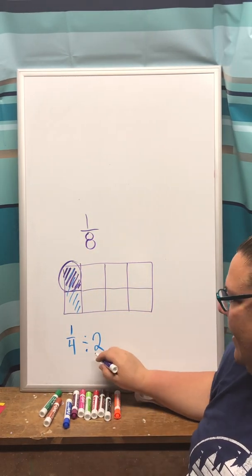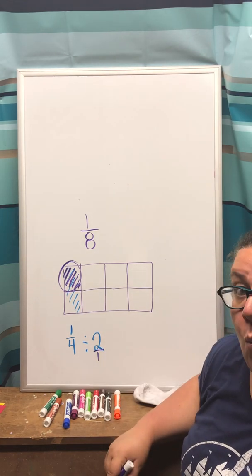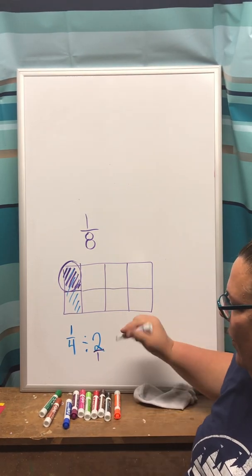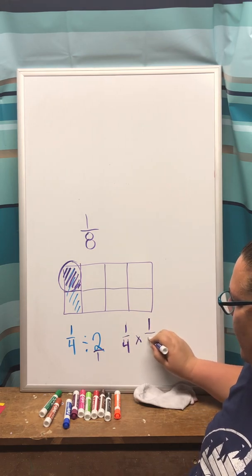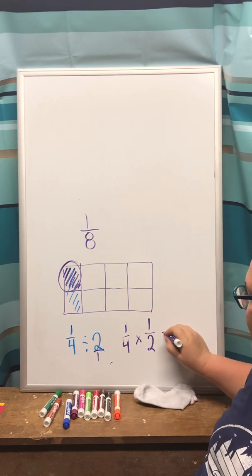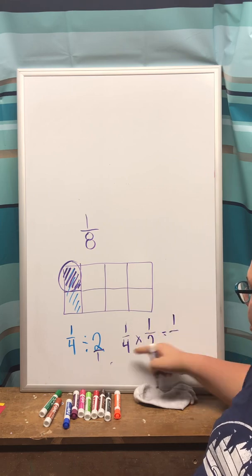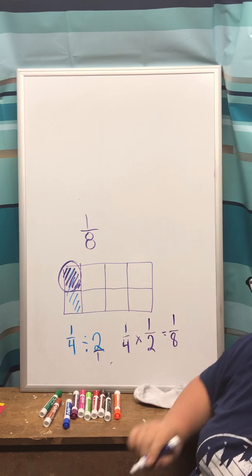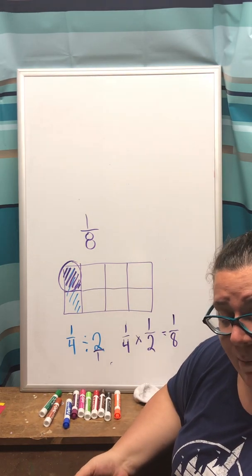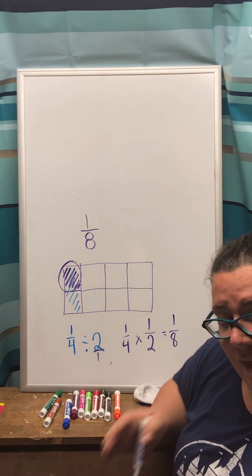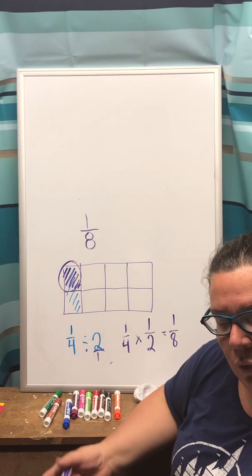Again, it works because we do the 1 under the 2, we flip 1/4 times, that's my fraction flip, and then 1 times 1, 1, 4 times 2, 8. That's my 1/8.